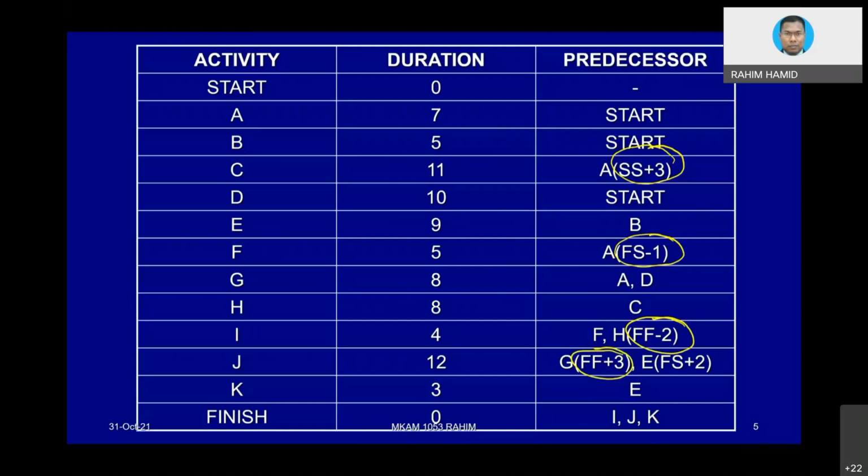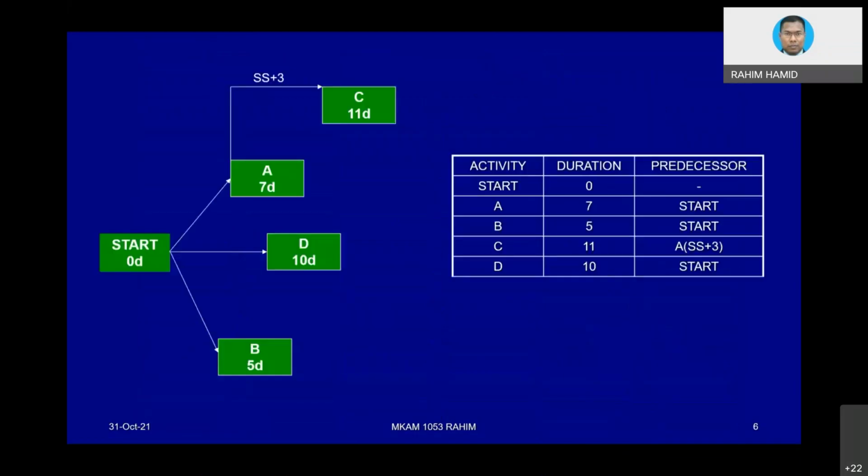The activities are given, durations are given, predecessors are given. First thing first, we must develop the network diagram. Okay, now start with a few activities first. Start. So start is here as one box. Just simply draw one box and put the duration there, 0.